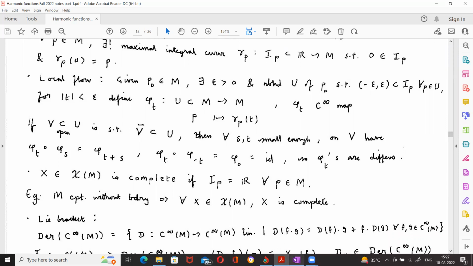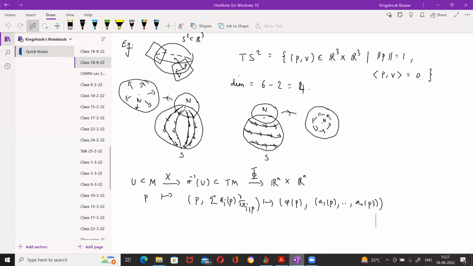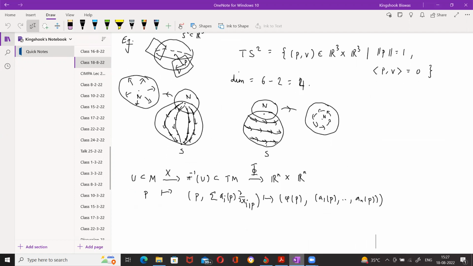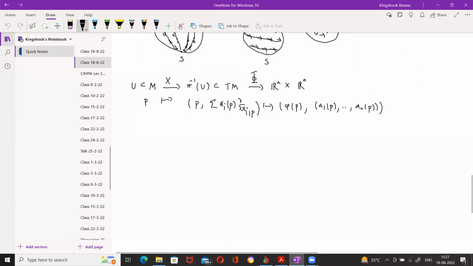In terms of pictures, you have your vector field on your manifold, and the local flow is if I take a time t in R. Let me suppose, just for simplicity, that the maximal integral curves are defined for all time.